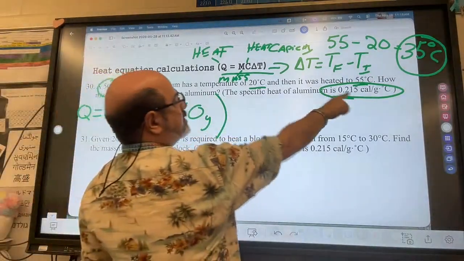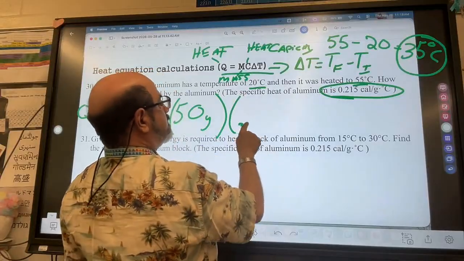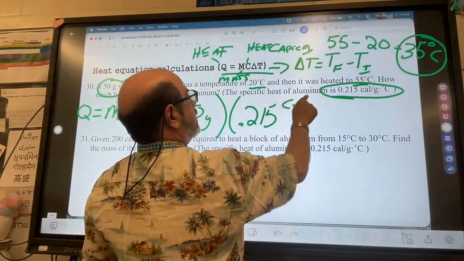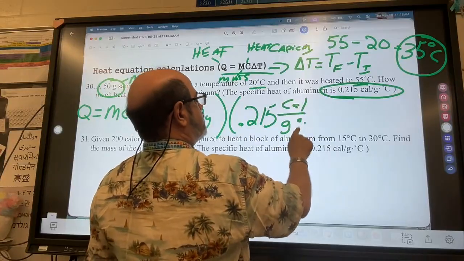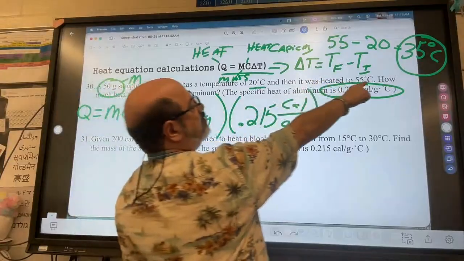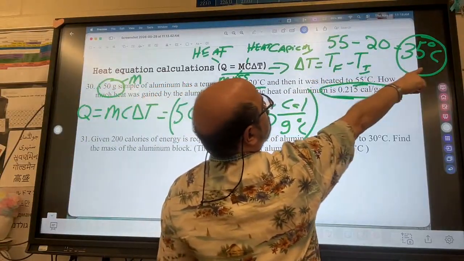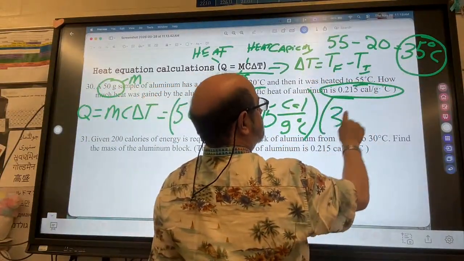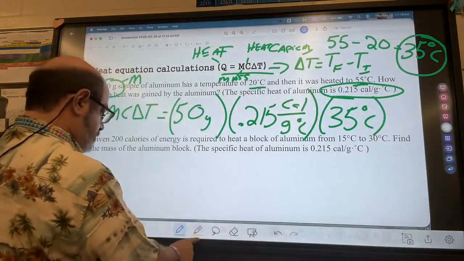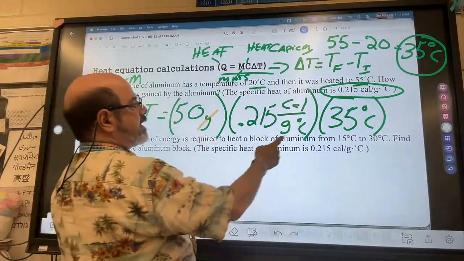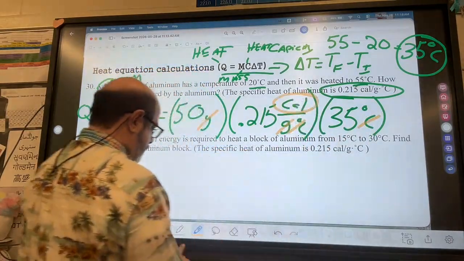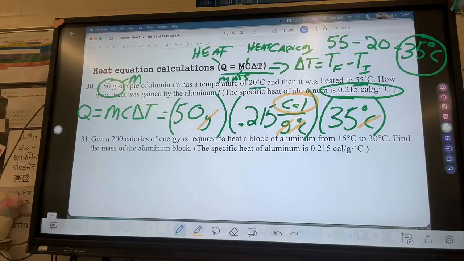C is the heat capacity or specific heat, which is 0.215 calories per gram degree C. And the delta T, which is final minus initial, which is 55 minus 20, which is 35 degrees C. So the units, you can see the grams cancel, the C's cancel, and we're left with calories, which is the unit of heat.